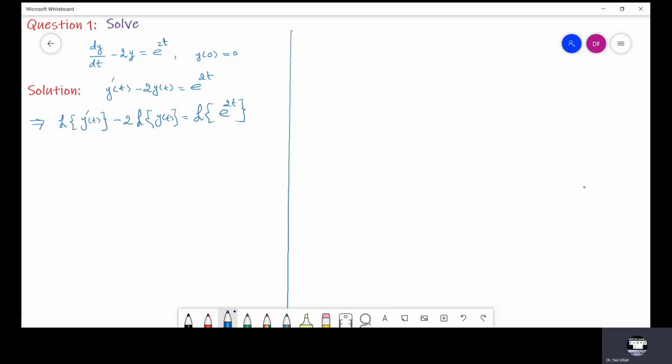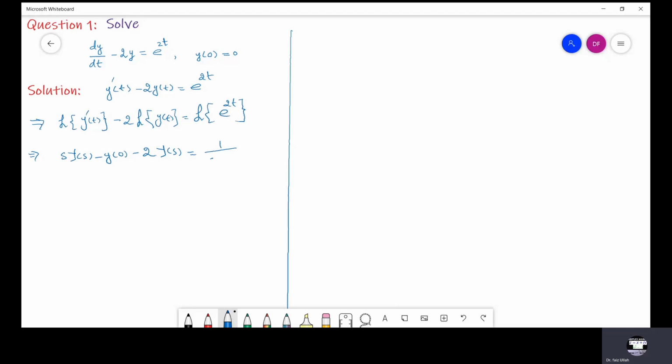And now let us use the formulas of Laplace transform. So we know that Laplace transform of y dash is equal to s y of s minus y of 0, minus 2 Laplace transform of y is y of s, which is equal to Laplace transform of e power 2t.